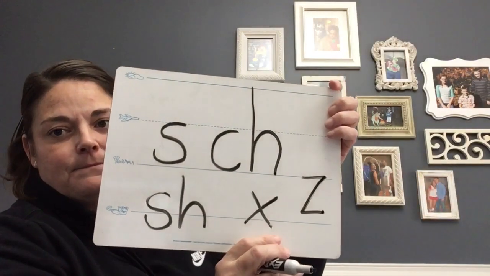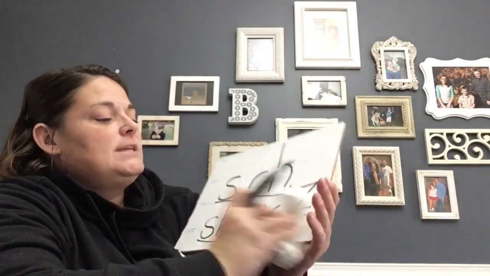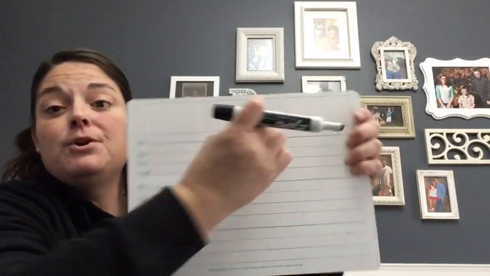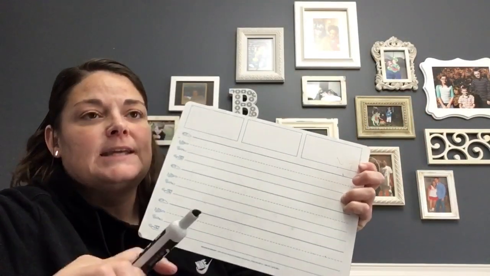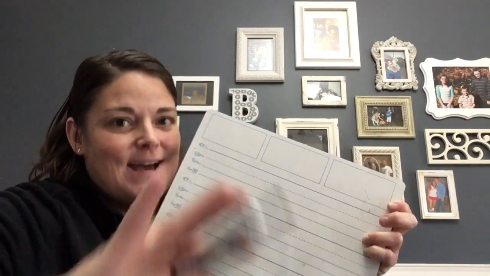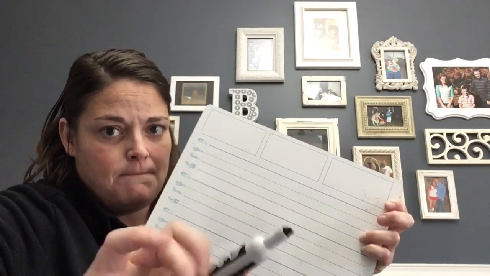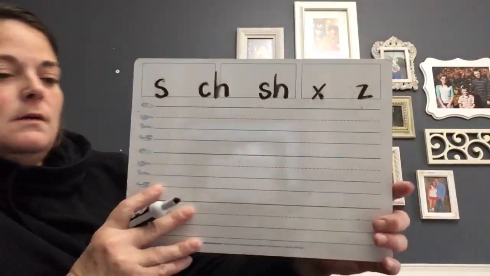Z. So look at this mess of letters. I want you to take these letters and write them at the top of your board so we can see which endings need the ES suffix instead of just the S suffix, okay? Write them up there just like that.